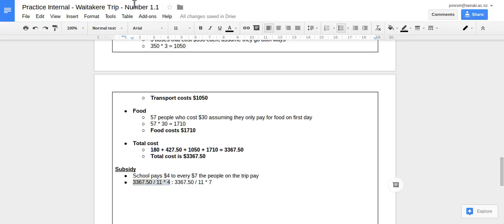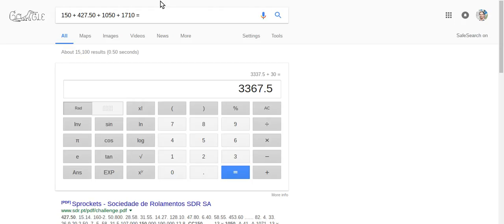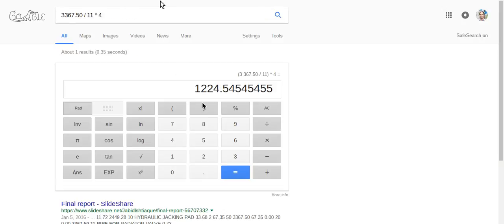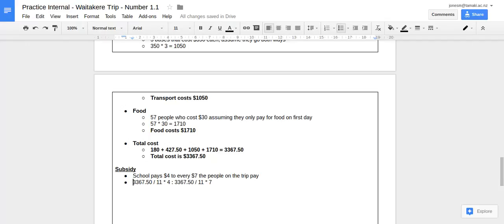So if I put this into the calculator, we've got 1124.55. I'm going to round it to 2dp.